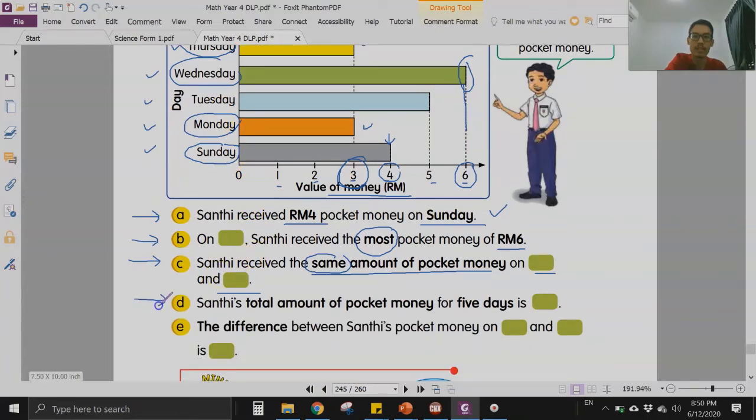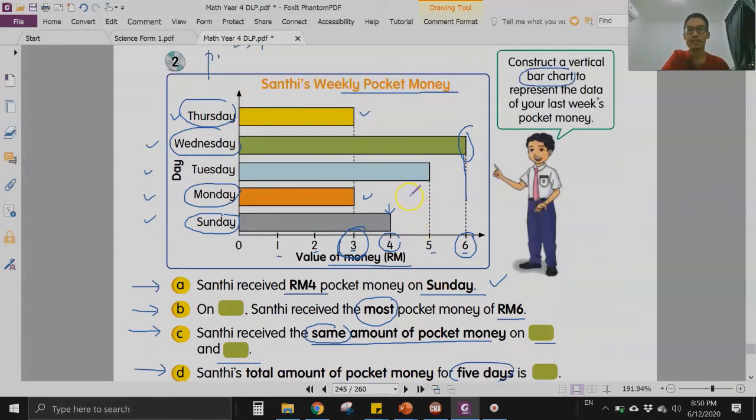D. Santi's total amount of pocket money for 5 days. So on Thursday is 3 ringgit. On Wednesday is 6 ringgit. On Tuesday is 5 ringgit. On Monday is 3 ringgit.